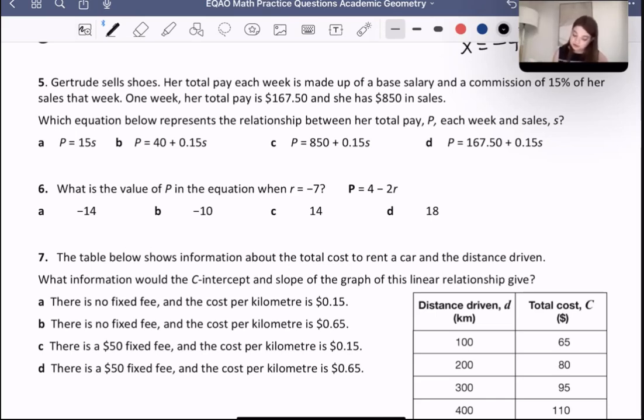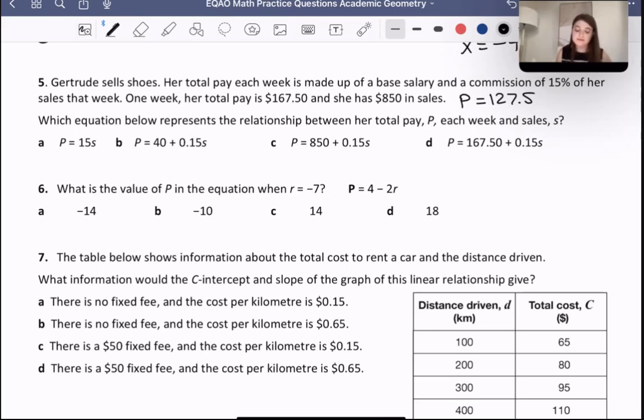Okay, so her total pay is going to be base plus commission, right? So first of all, if she had $850 in sales and she made 15% commission, that means her commission amount for this week specifically would be 127.5, right?